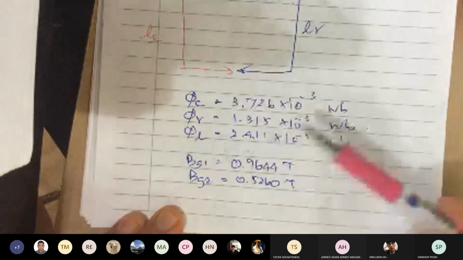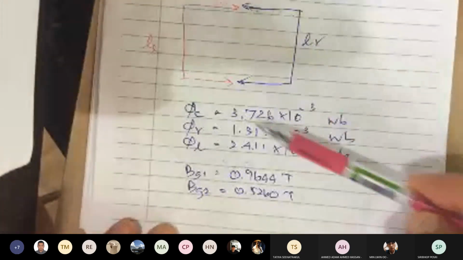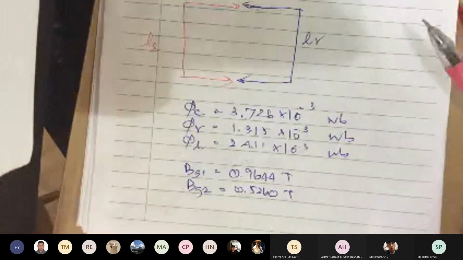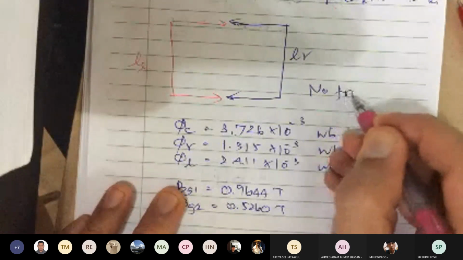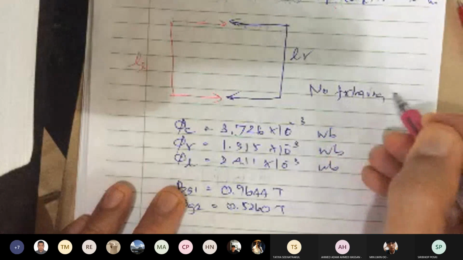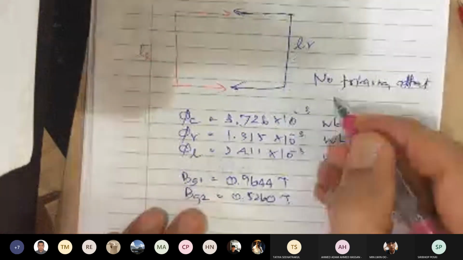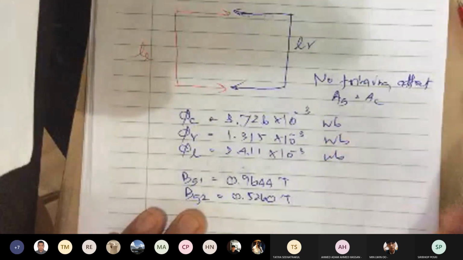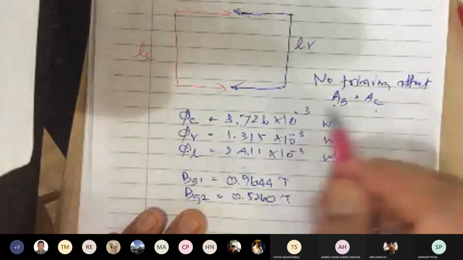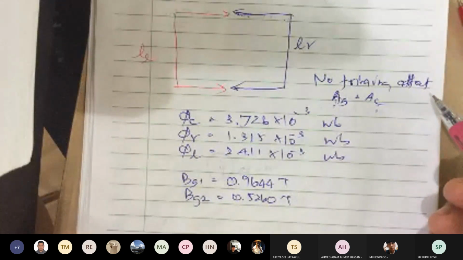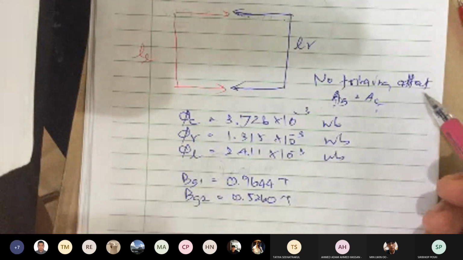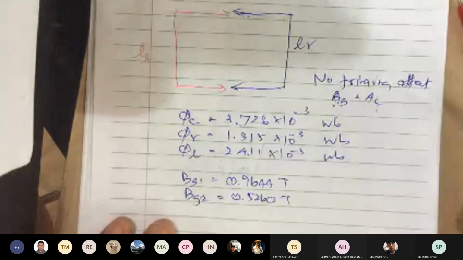Follow the example in the lecture notes that we did, because the cores are pretty similar. I just changed all the numbers. The rest is the same, with one exception: no fringing effect in this problem. No fringing effect, meaning what? AG is exactly equal to AC, so you don't have to multiply by 1.05 or anything like that. So it's even easier. Same cross-sectional area. See if you get these answers or not.